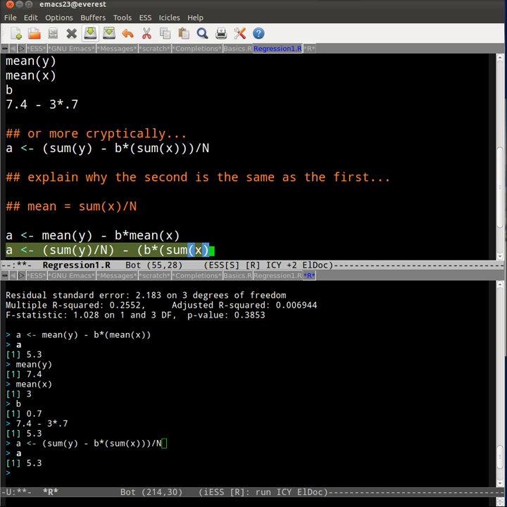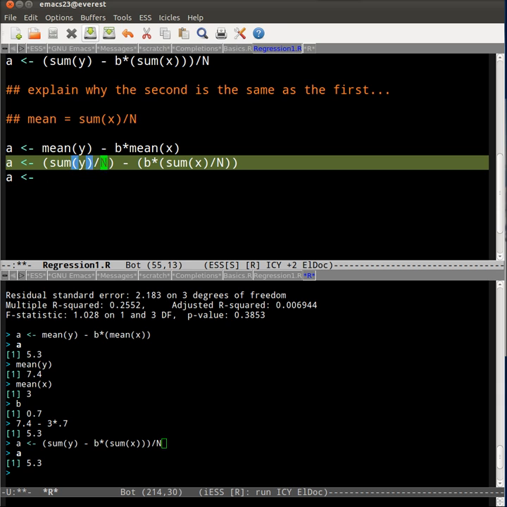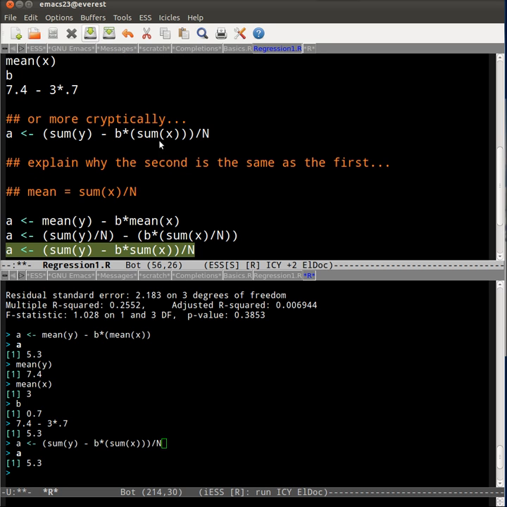Minus b times the sum of x divided by n, right? And then we can say, well, here's an n as a denominator, and here's an n. So what we can do is just take the denominator out, and I'm going to put the sum of y minus b times the sum of x, and then divide by n. So you can see here, this is the sum of y and the sum of x, and I've just taken out the n. Same thing here. Okay, so that's it. That's how to calculate B and A.